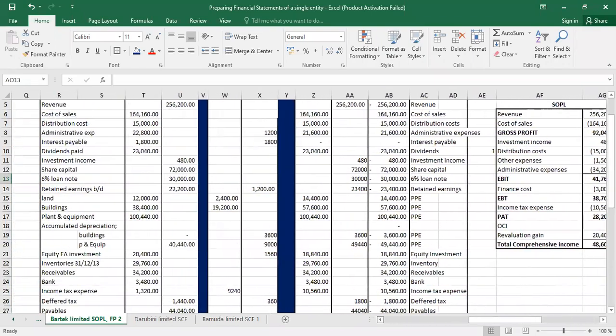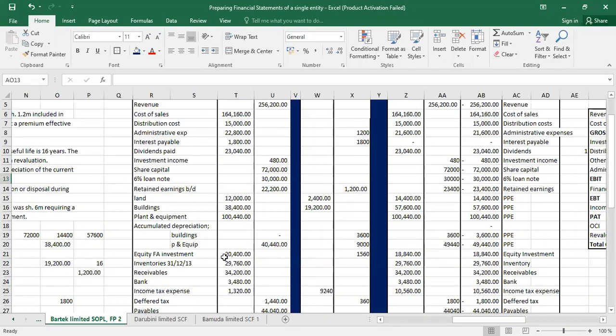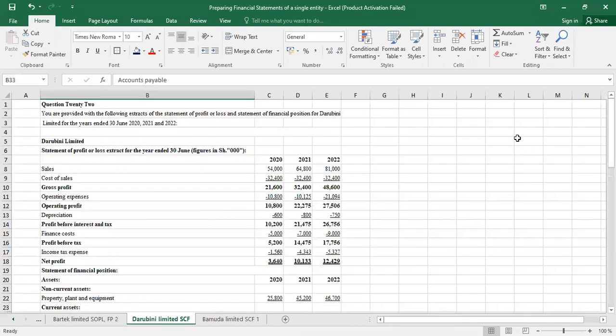You can see, maybe I just show you, isn't it? This one is an asset, it should be on the debit side. And this share capital or 6% loan, it's a liability, it will be here. Revenue is an income, it will be on the credit side. We go here, tip.